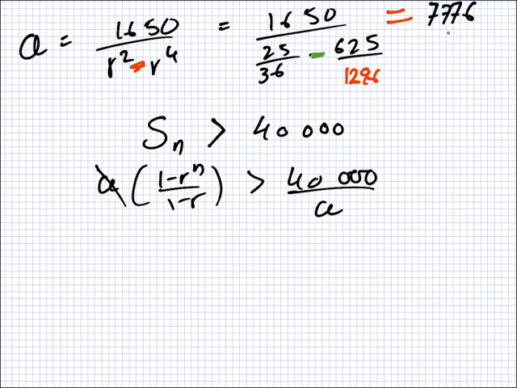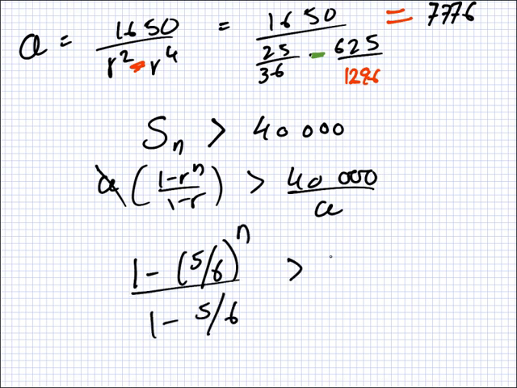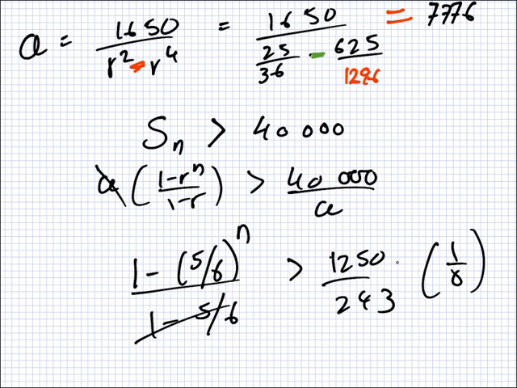What's 40,000 divided by 7776? 1250 over 243. Now, 1 minus 5/6 is 1/6. So I'll just bring 1/6 up here. Can you multiply that by 1/6? What do we get?